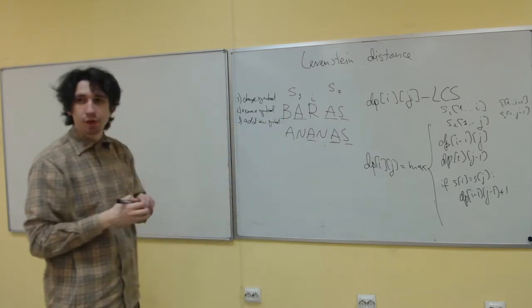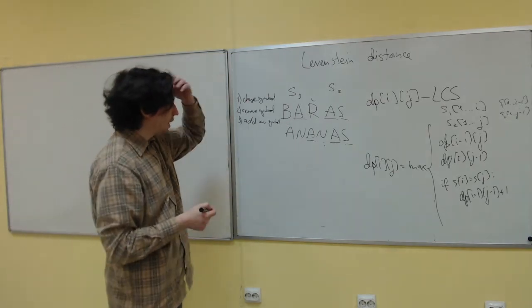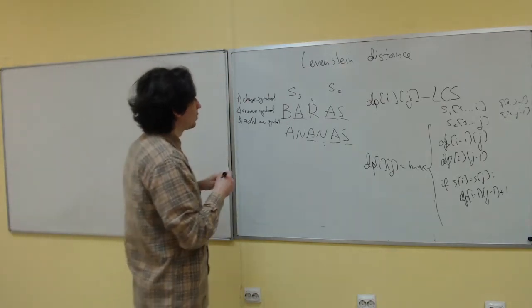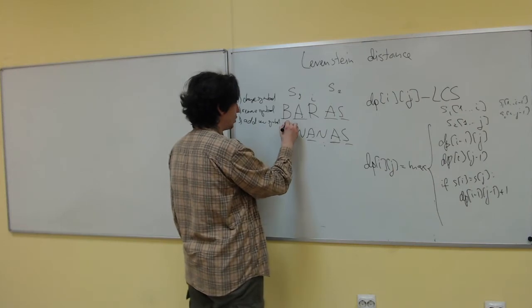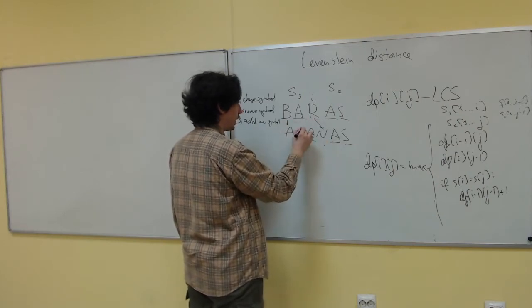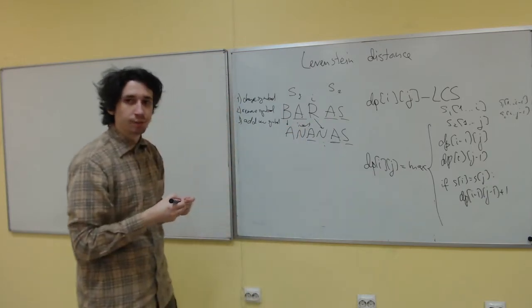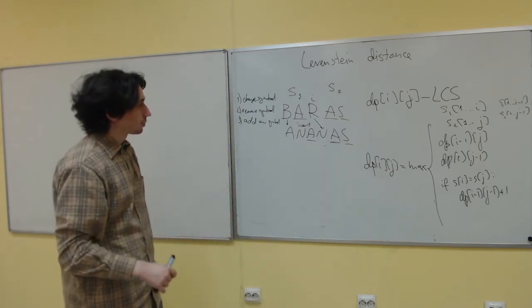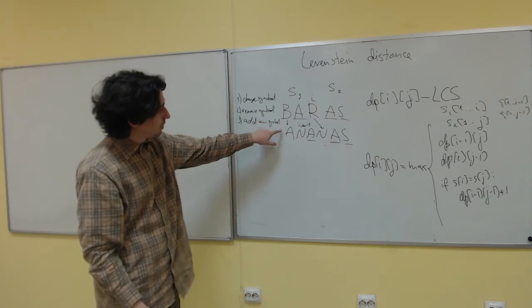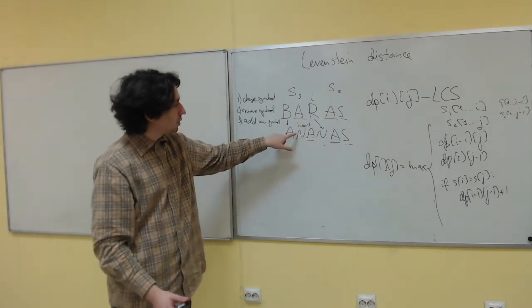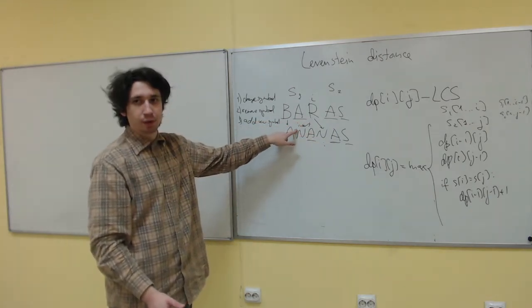And the third one is add a new symbol somewhere. So for example, for this guy, we replace B with A, replace R with N, and insert a new character here.